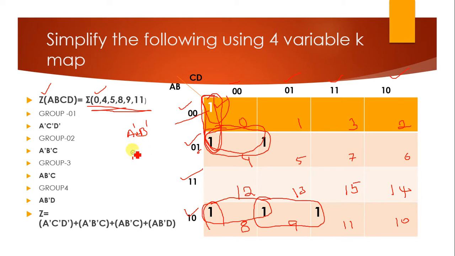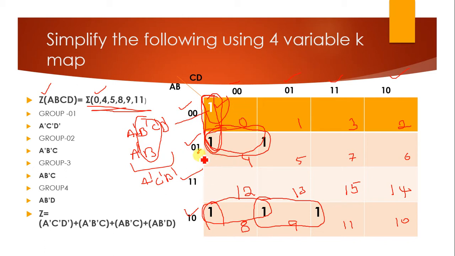Then the second combination is A dash B. Which attribute got changed? Only B, so eliminate B. CD will remain the same, that is C dash D dash. So the output of this is A dash C dash D dash, right?